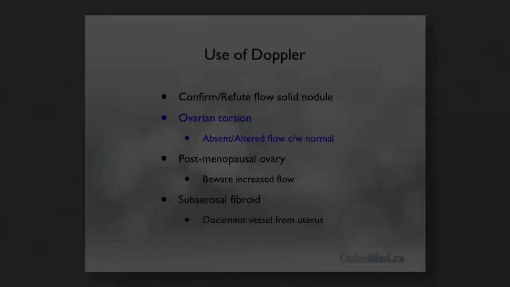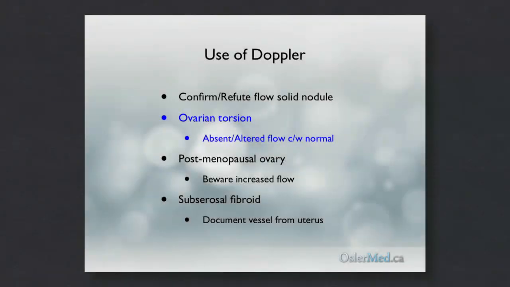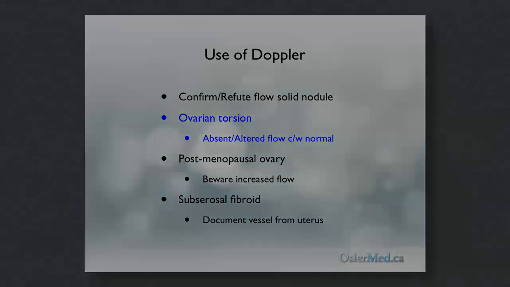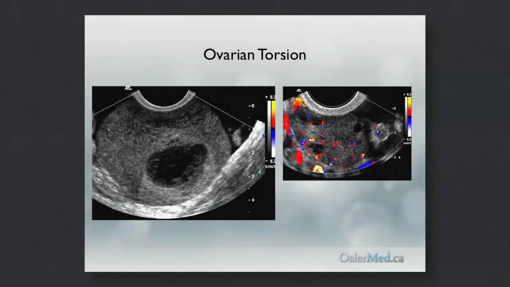So another good use of Doppler is in the presence or concern regarding ovarian torsion, where absent or diminished blood flow in the ovary of concern is helpful to add confidence to the diagnosis. Here's an example where this patient had pain on the side of the enlarged ovary on your left.